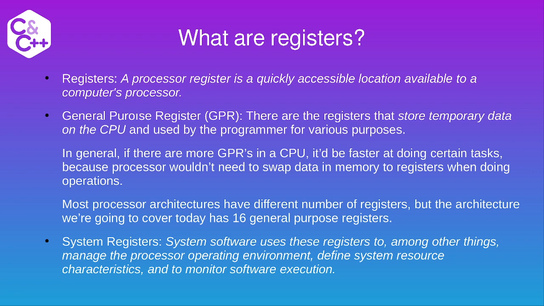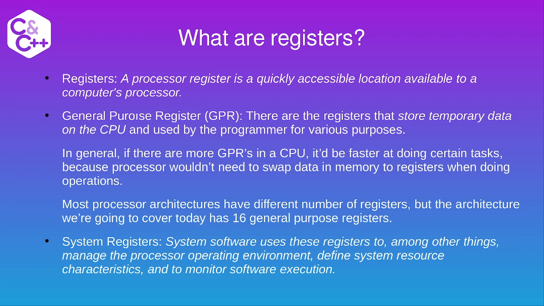And in assembly, most of the stuff we do is correlated with registers because they're a very fundamental part of the CPU. There are two kinds of registers: general purpose registers and system registers. General purpose registers are the ones we're going to use in today's programs.